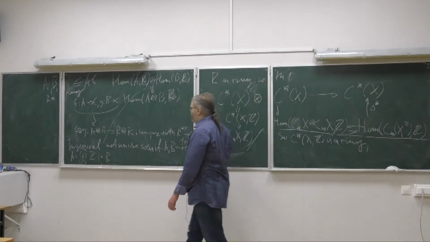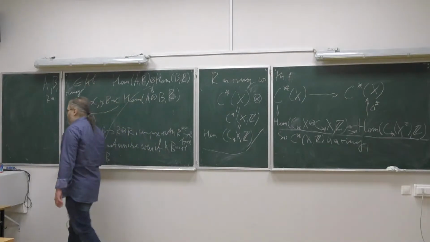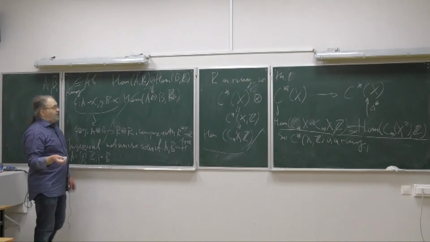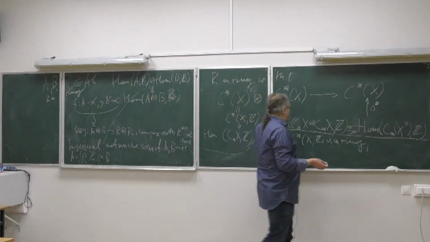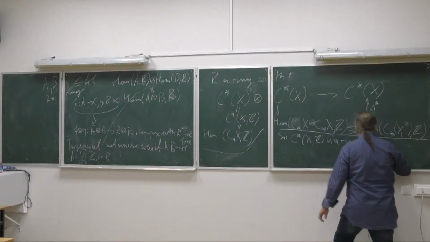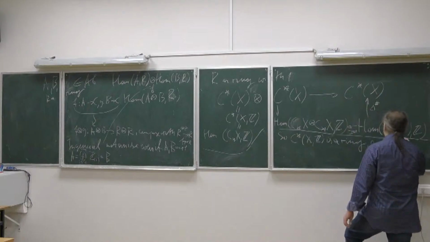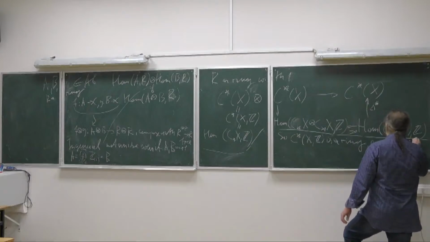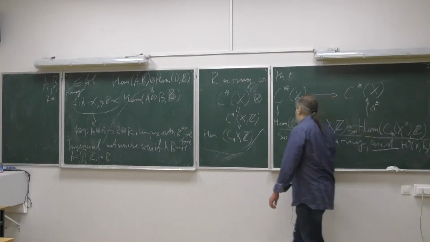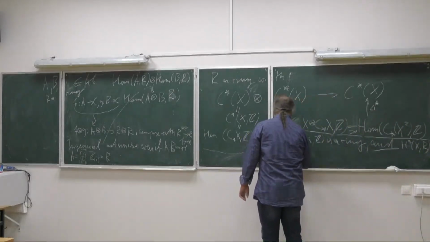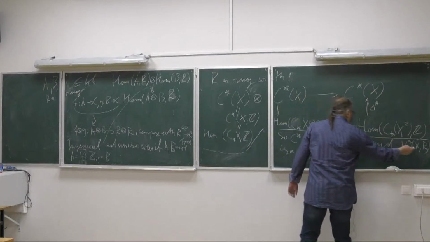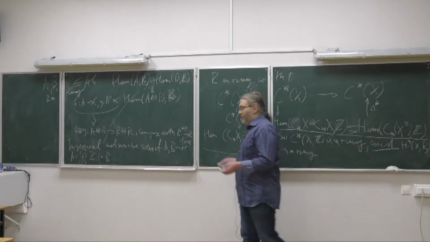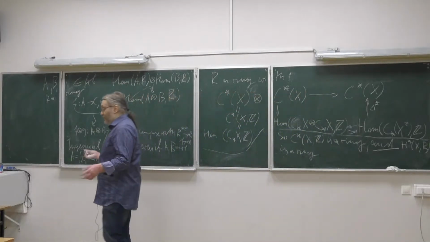But the advantage of using homology, sorry, cohomology is that we get a ring structure on the cohomology, not just on cochains.